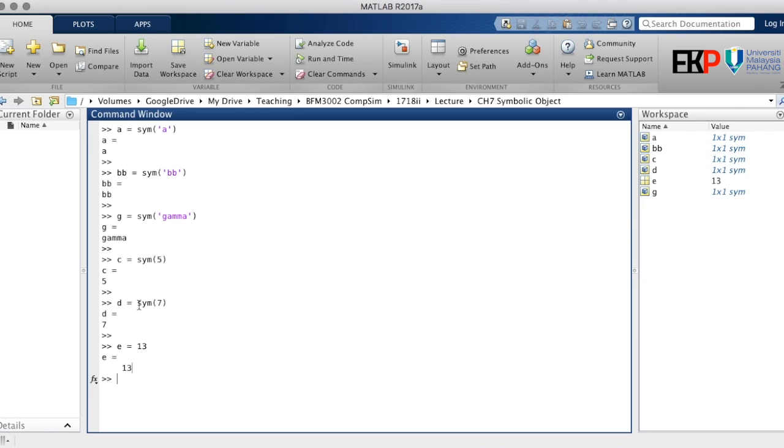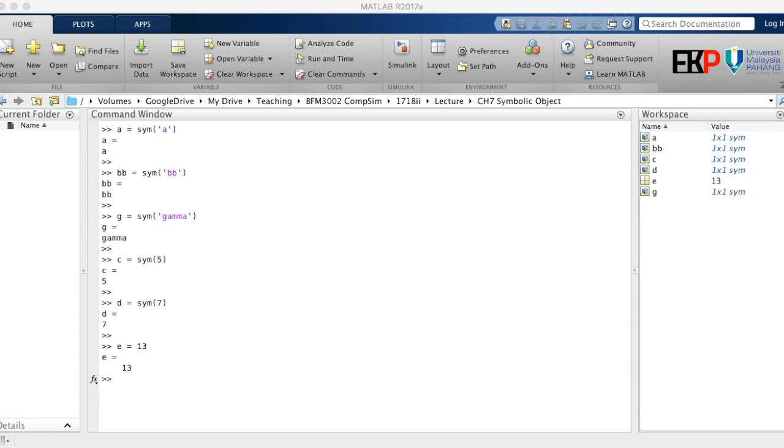But up here, D is equal to the symbolic object of 7, D is 7. There is no space for the number 7, and D here is given as 1 by 1 sym in the workspace. So this is to differentiate which one is a symbolic object and which one is not. This is just a numerical variable, E is equal to 13.